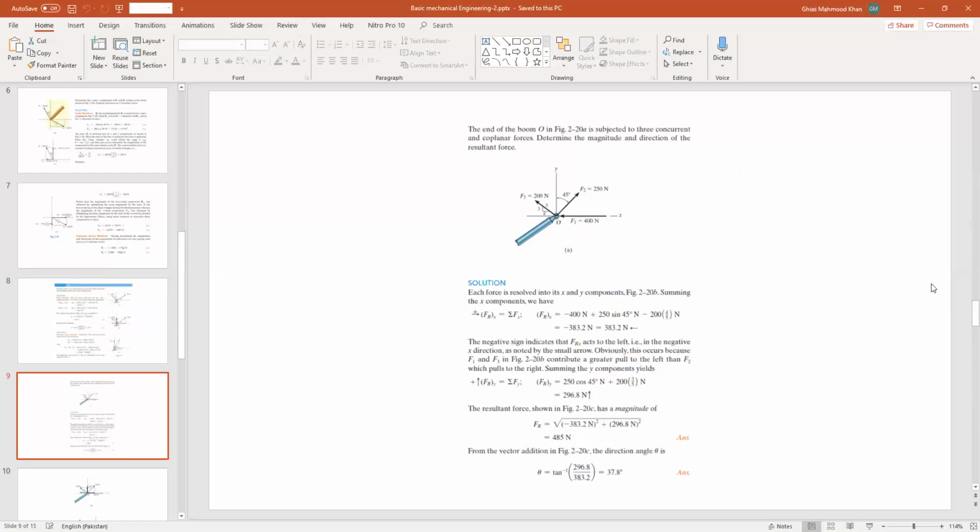This means its y component will be 0. While F2 and F3 are at some angle with the x or y axis. You will get F2y, F3y, F2x, F3x, and you will find the resultant and the direction in a similar way as explained before.